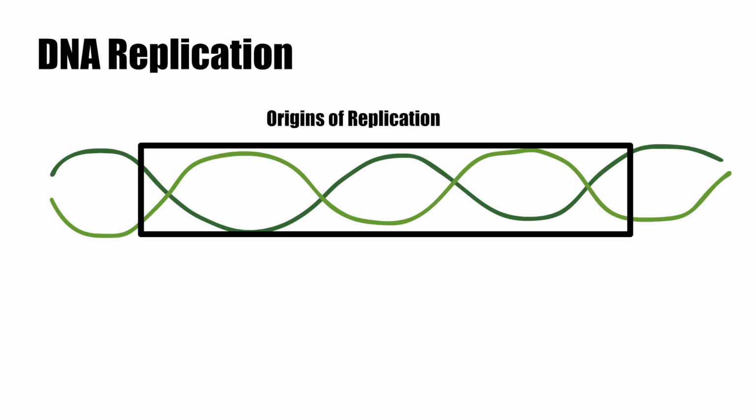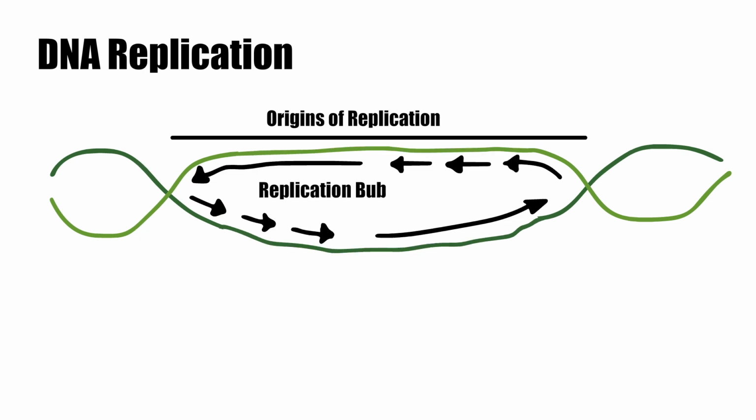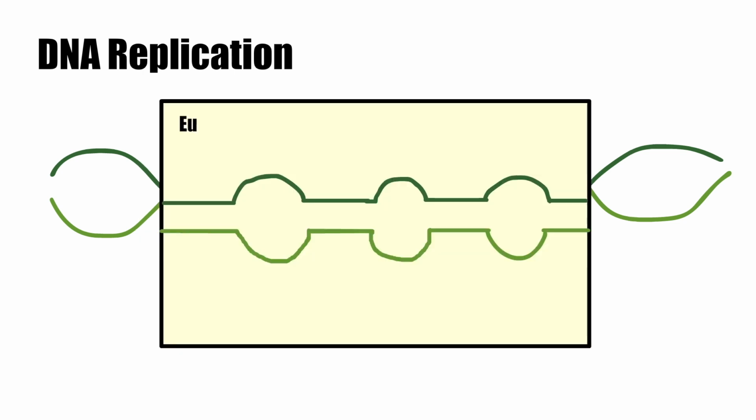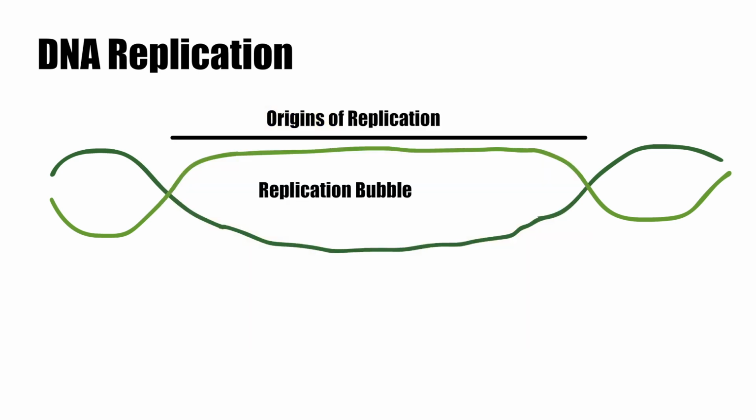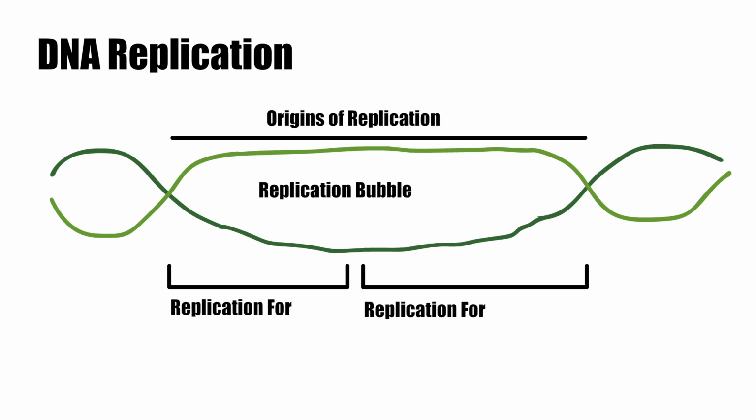These are the points where specialized proteins bind to the DNA and initiate the unwinding process, creating what is known as the replication bubble. In eukaryotic cells, there are multiple origins of replication, allowing for the efficient copying of long strands of DNA. Each end of the replication bubble contains what we call a replication fork, which is the region where the DNA is actively unwound and being replicated.